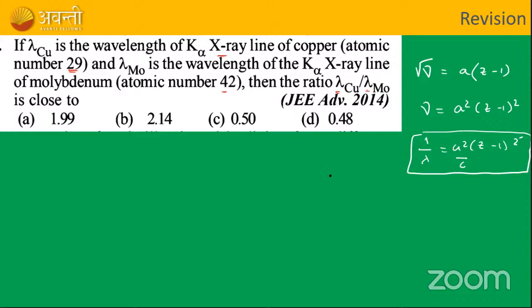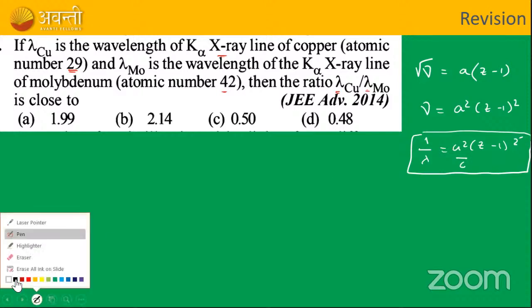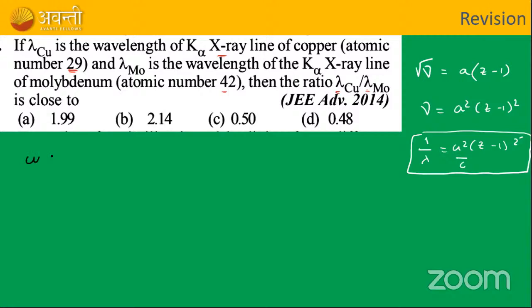Let us first write this expression for copper. So 1 by lambda of copper will be equal to a squared by C, a is constant, C is constant, keep it as it is, and Z of copper minus 1 whole squared. Simple. So I have written the first equation for copper. We'll do the same thing for molybdenum, which is Mo.